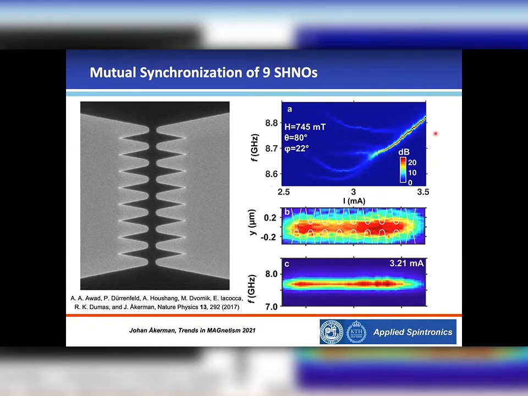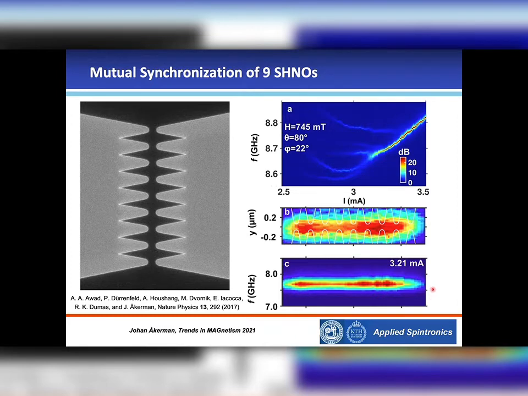The signal we got was about 50 times larger than a single oscillator. And theoretically, if all was identical, we should get an 81 times larger signal, because we're synchronizing 9 oscillators, and 9 squared is 81. We can look at this chain now with Brillouin light scattering microscopy, and we see that all the oscillators are energized.